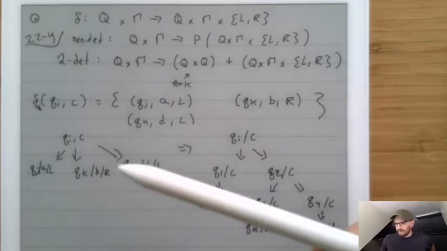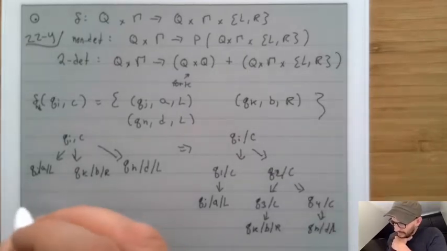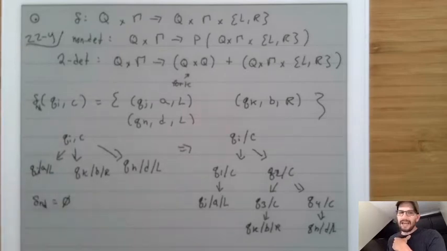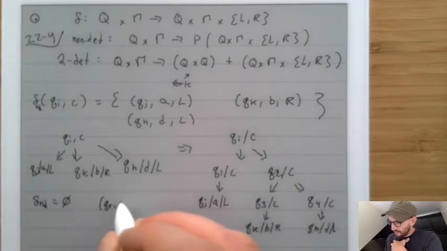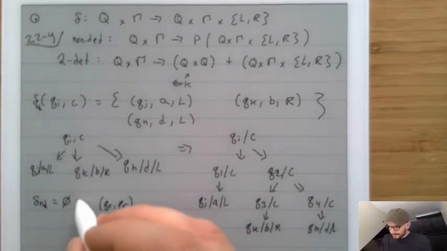So anytime we had a non-deterministic thing over here, we can easily do a corresponding thing over here. And then the only other situation that's weird is that when delta ND equals empty set, then all we do is we just return a fork where they both go to reject. And so that way we can just kill both of them right away.